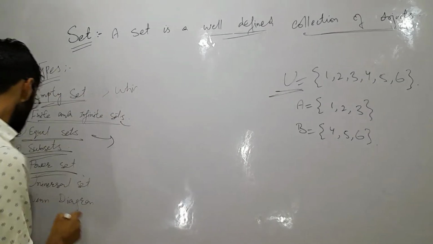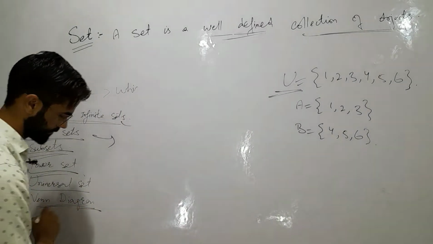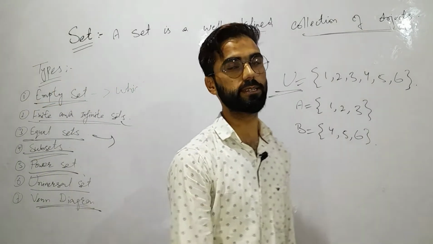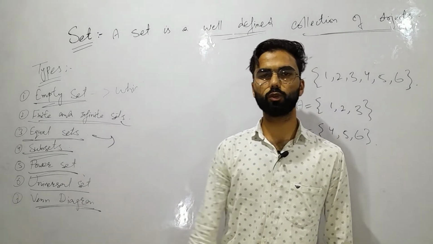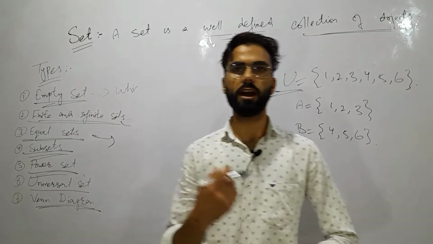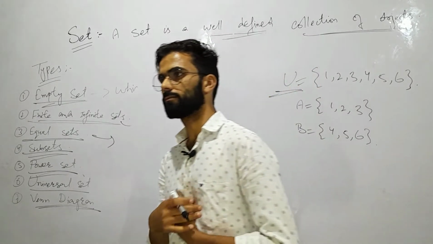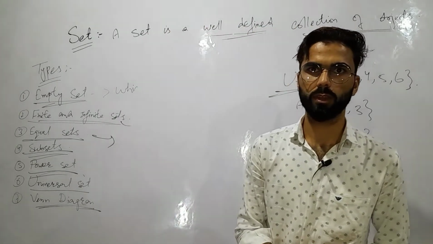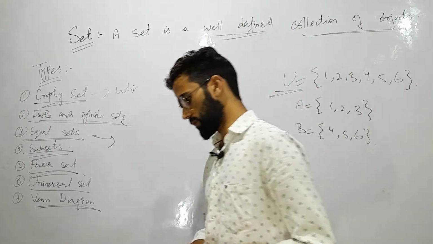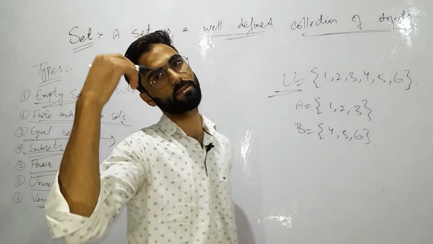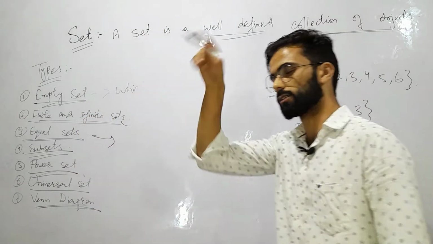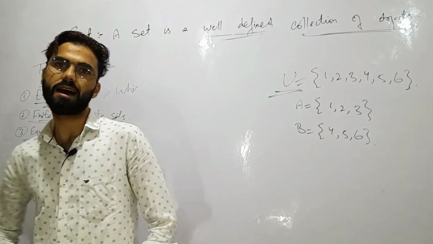After that, we have the Venn diagram, which is most important. Most relationships between two or more sets are represented by means of a diagram known as a Venn diagram. In a Venn diagram, we represent the sets by circles and the universal set by a rectangular box.